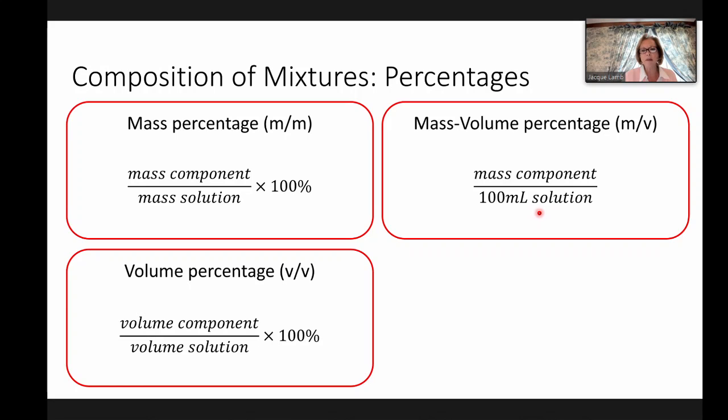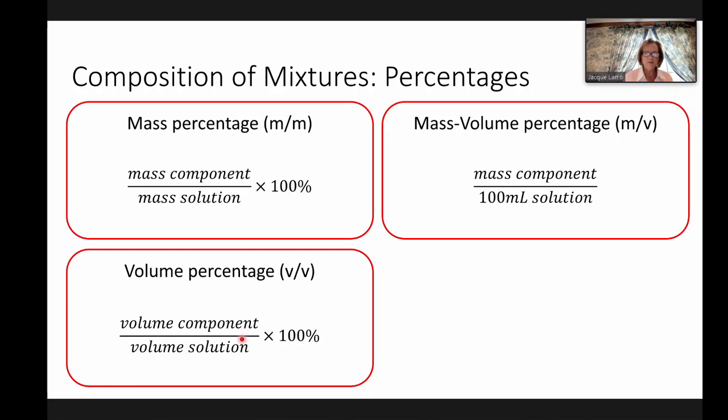So that would be a mass volume. You can also have volume percentages. So volume of your component divided by the volume of solution times 100. So each of these are different ways of doing concentration that you might see, depending upon whether your solute is liquid or solid. You'll get different ones.